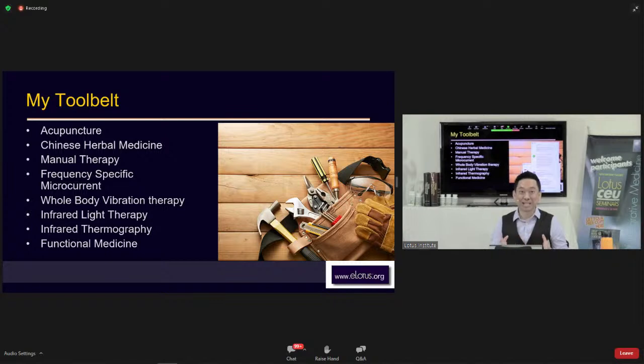I ran tests, so I brought that specific thinking process into the acupuncture clinic. And so how we do treatments in our clinic, we test everything. We know exactly what acupuncture can do for the patient. We know the exact results that herbal medicine produces. We know exactly what the manual therapy and also microcurrent, the FSM, do. So we know exactly what produced what, okay? So that's just a little FYI.